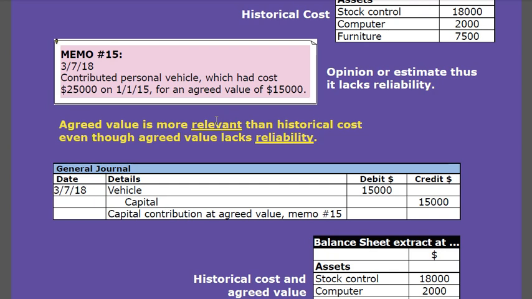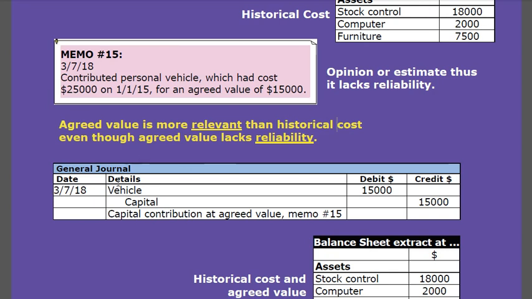However, stakeholders, people looking at the reports of the business, now have more relevant information about the business, and it would be certainly more relevant than the original $25,000 that the owner as an individual paid for that vehicle.